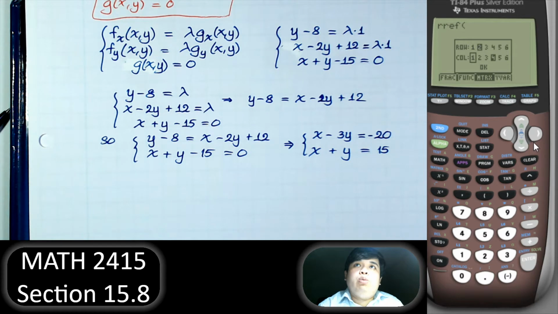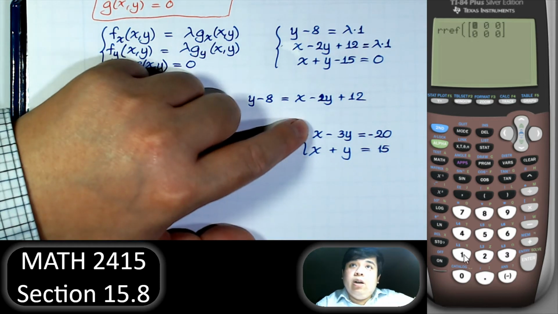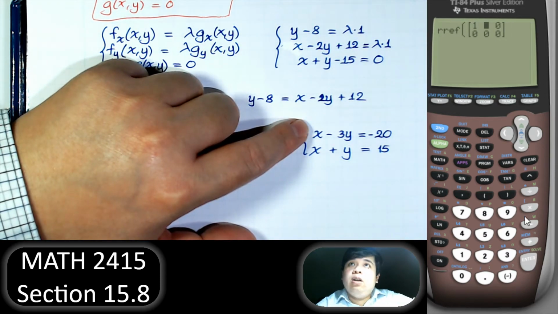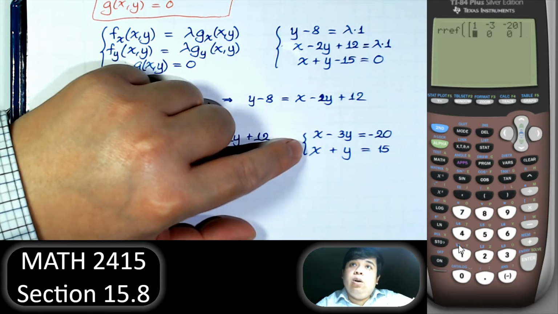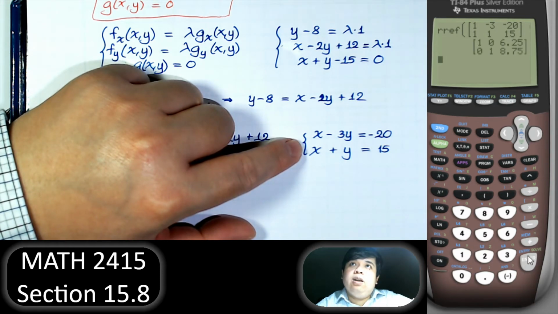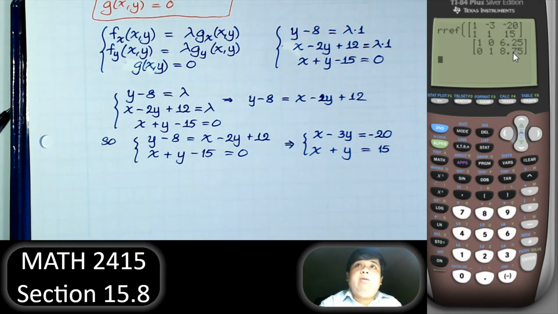This is the 2 row 3 column matrix: 1, -3, -20, 1, 1, and 15. Of course, we have 6.25 and 8.75. Right, that's one way to do it.